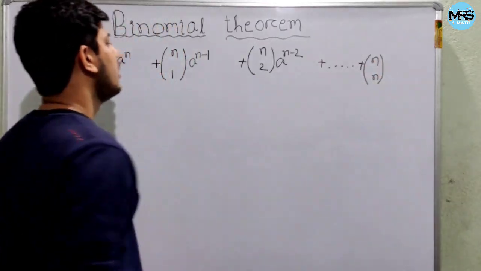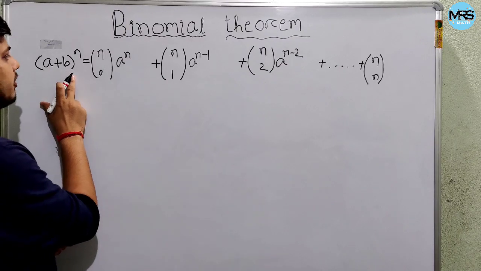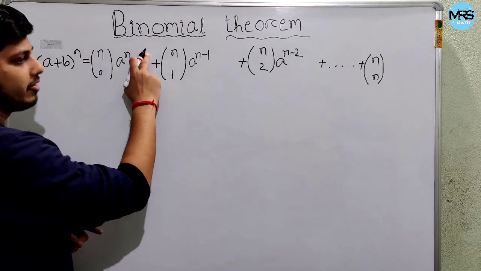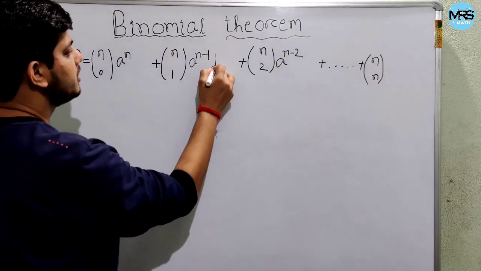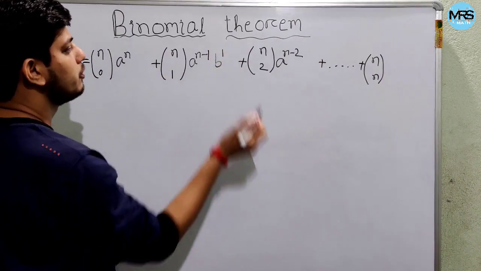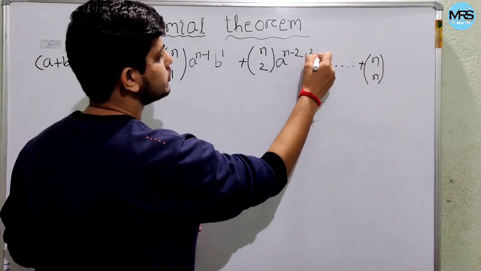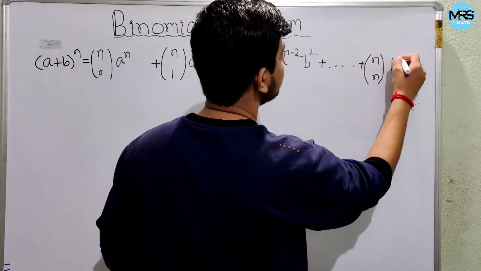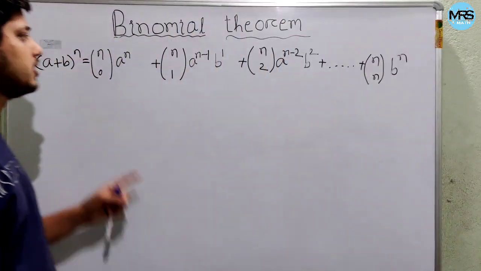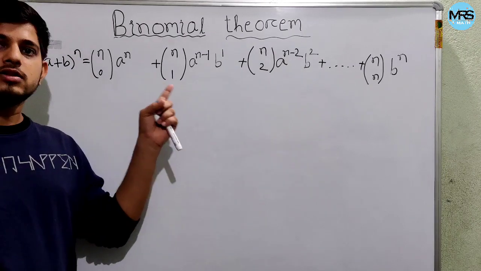So no need to write. Okay, now we will write the power of b. That is b to the power 0, that is 1, so no need to write. So here the b power will increase by 1, that is b to the power 1, that means b. Here b power is 2, right? And at last the b power will be n. Okay students, so this is the general binomial theorem.